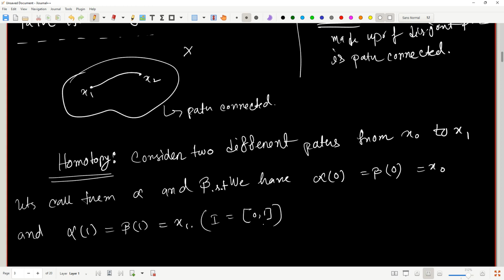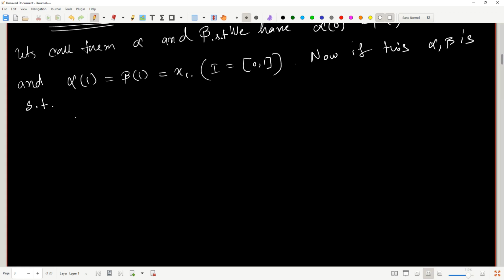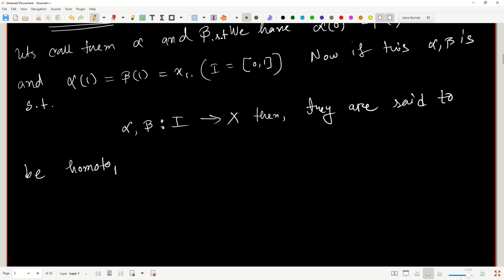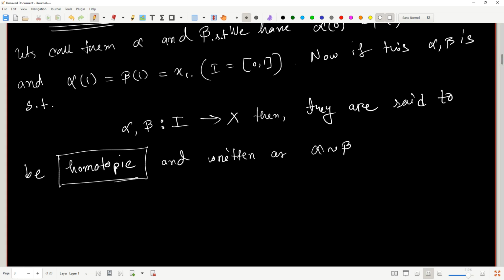Now, if alpha and beta both take data from the interval and map those data to X, then they are said to be homotopic and written as alpha is equivalent to beta.